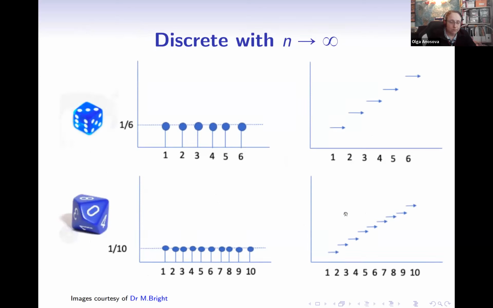But the cumulative function looks interestingly similar, doesn't it? It follows the same trend, along the straight line, and the steps between each value are getting smaller and smaller. And that's how the idea of making a continuous variable out of it appeared.